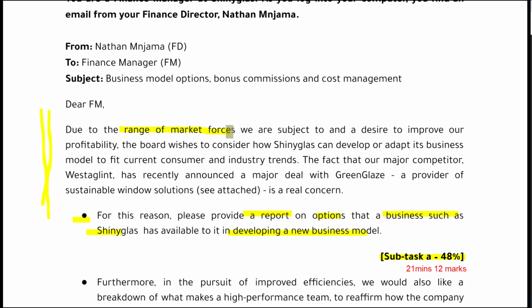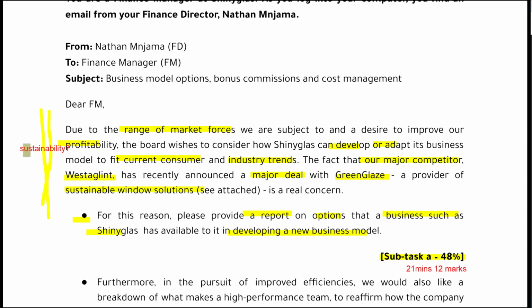So due to the range of market forces we are subject to and a desire to improve our profitability, the board wish to consider how Shinyglas can develop or adapt its business model to fit current consumer and industry trends. Now, we've all just gone through the pre-seen. First industry trend that's really come to my mind straight away is sustainability. I've just jotted that down with a question mark. Now, the fact that our major competitor, Westerglint, whose figures we went through in the pre-seen, has recently announced a major deal with Shinyglas, a provider of sustainable window solutions.